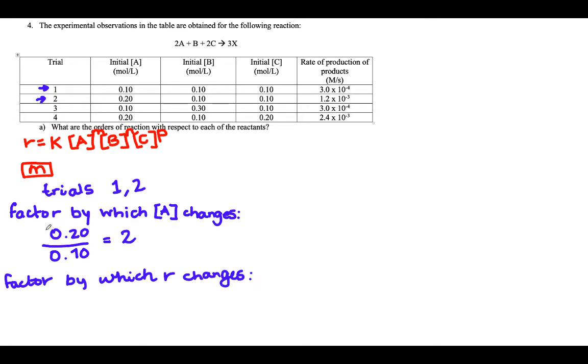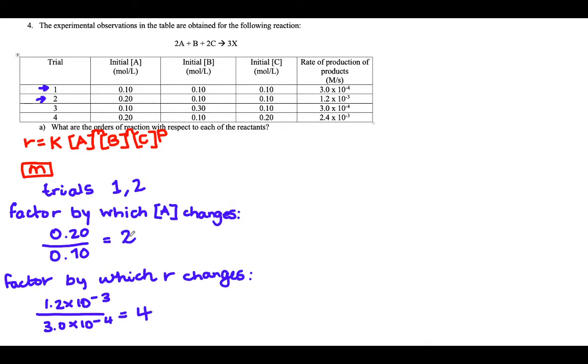And because I chose trial 2 to be my numerator here, I'm going to choose the rate of trial 2 to be the numerator in what I'm doing next as well. So 1.2 times 10 to the power of negative 3 divided by 3.0 times 10 to the negative 4 is equal to, and when I put those two values into my calculator, I get 4.